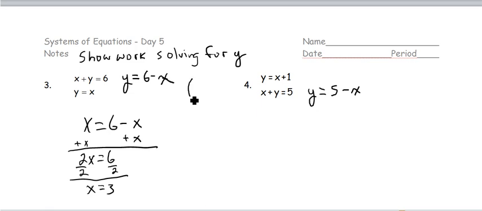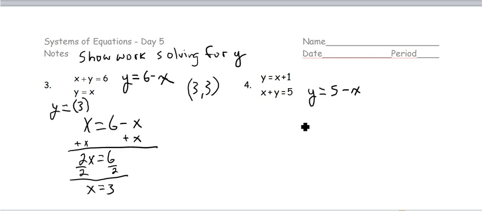So my answer, the x value will be 3. So now I'm going to go up here. I have y equals, look at this, y equals, well, it just equals x. So that's 3. So y equals 3. Very easy.